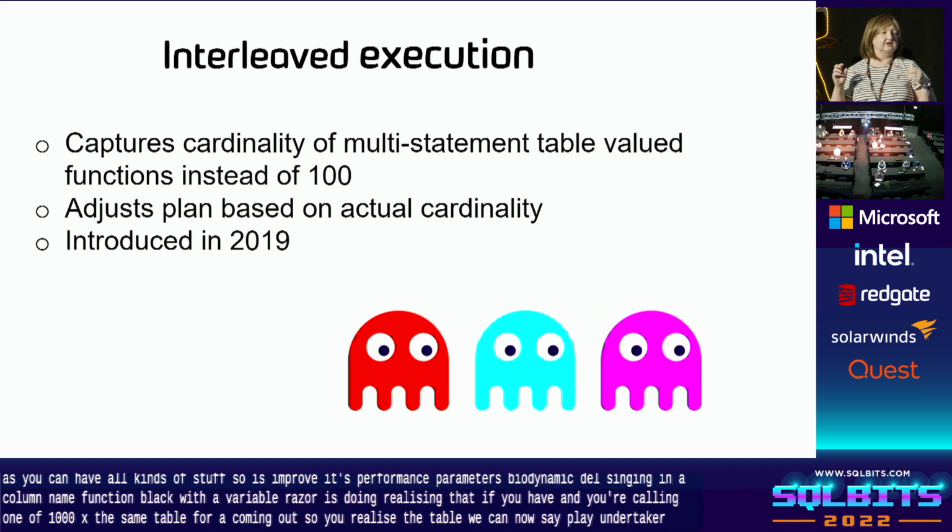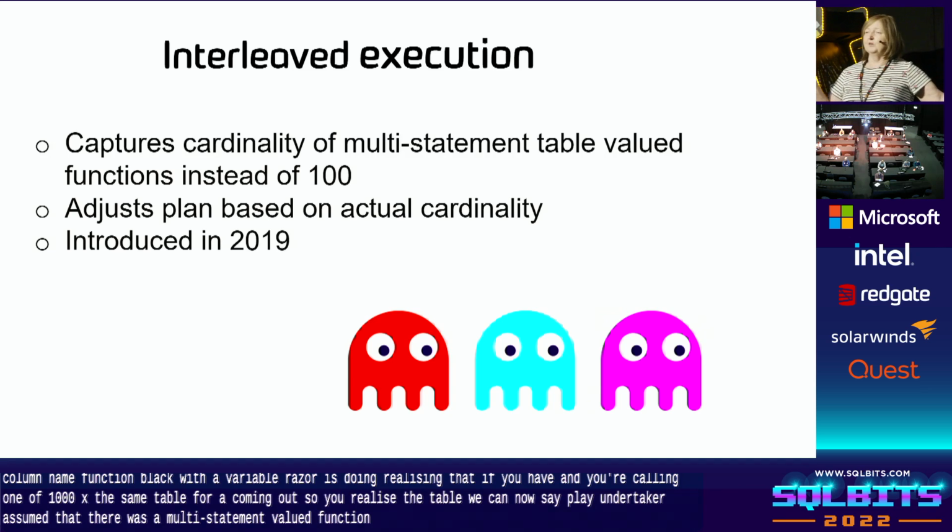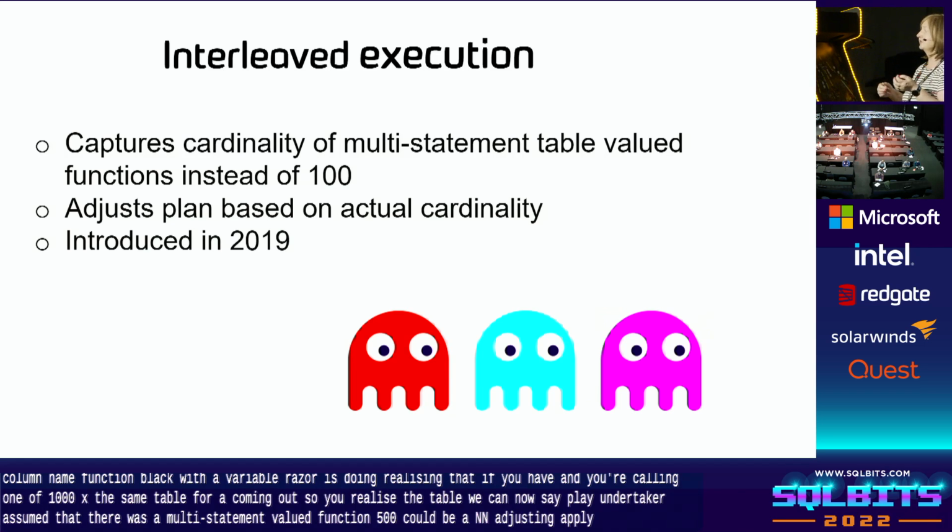Previously, it assumed that there was 100 rows. If you were calling a multi-statement table valued function, it assumed 100 rows. Well, there could be 5 rows, there could be 1 billion rows, who knows? So this way, we're materializing the table once and then figuring out how many rows, adjusting the plan, and going from there. So this is new in 2019.